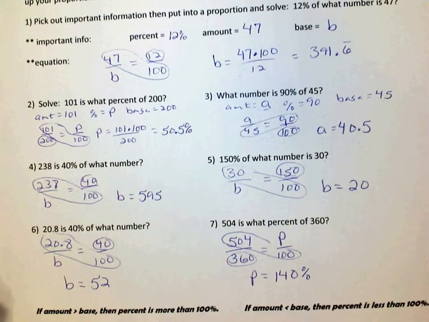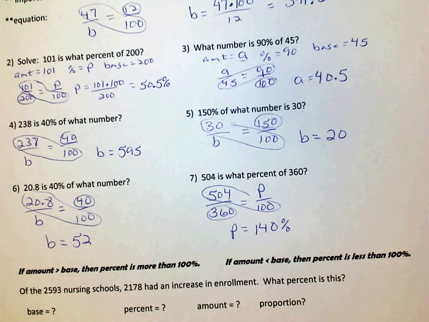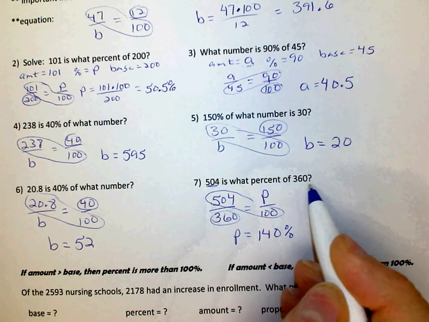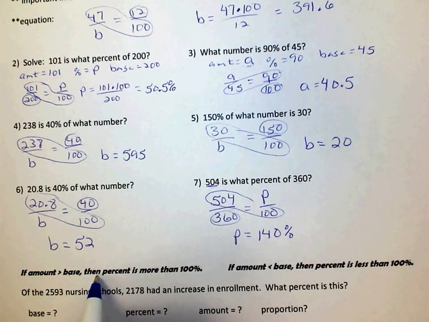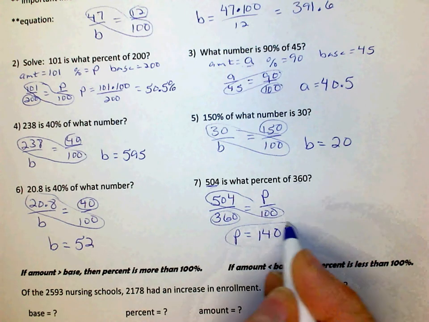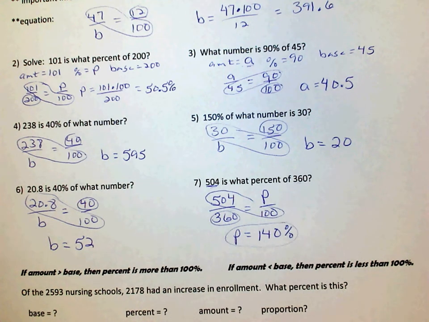Now, if your amount is bigger than your base, just like here, your amount is bigger than your base, then your percent is more than 100%. I got over 100% here. Now, if your amount is smaller than your base, then your percent is smaller than 100. So where is another one where we had the amount and the base?